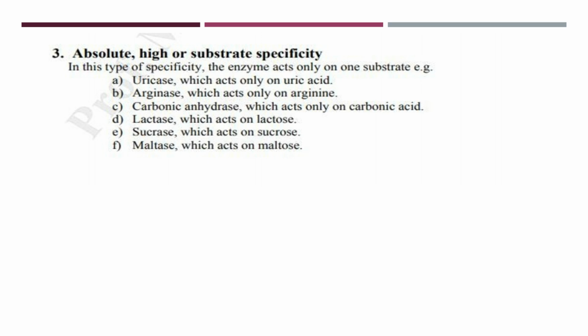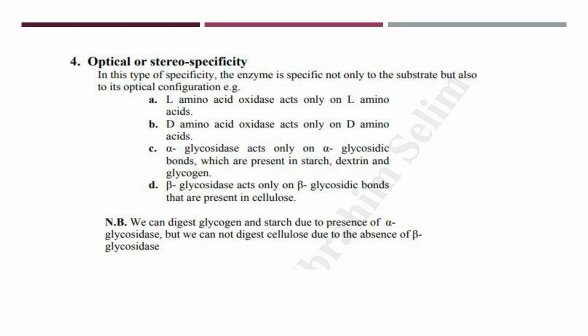Absolute, high, or substrate specificity means the enzyme acts only on one substrate. Examples include uricase, arginase, carbonic anhydrase, lactase, sucrase, and maltase, each acting on a single specific substrate. Optical or stereospecificity means the enzyme is specific not only to the substrate but also to its optical configuration.